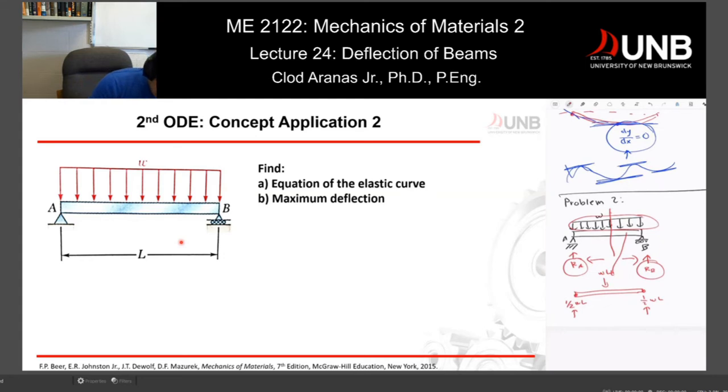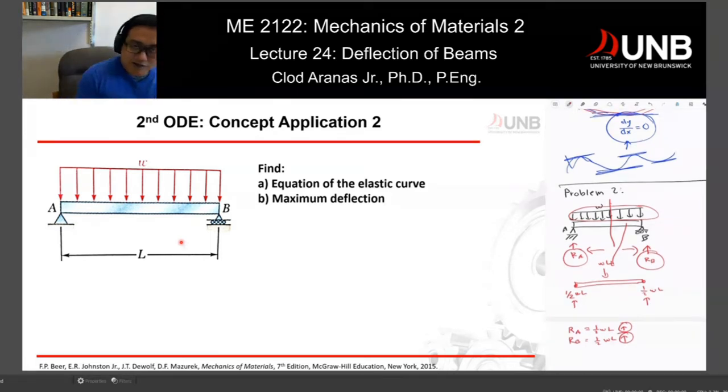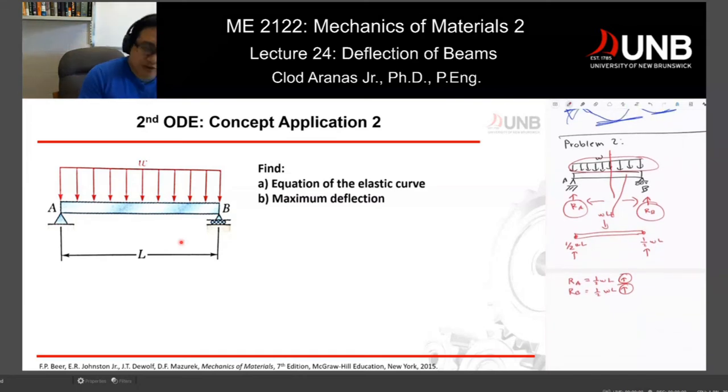So R sub A is 1/2 WL, pointing upwards, and R sub B is 1/2 WL, or omega, I'll just call it W, also pointing upwards.